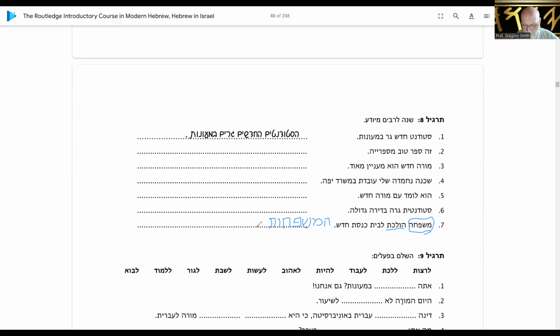We've got to say holachot. Now you won't see it in modern Hebrew, but this is a holem, and this is a holem, and this is a holem. That's how we get the O sound. Hamishpakot, holachot. Okay, so the families, lebeit knesset.